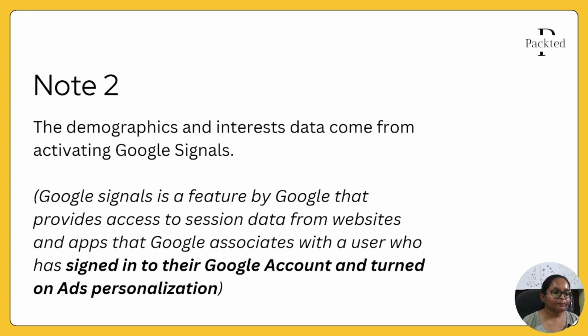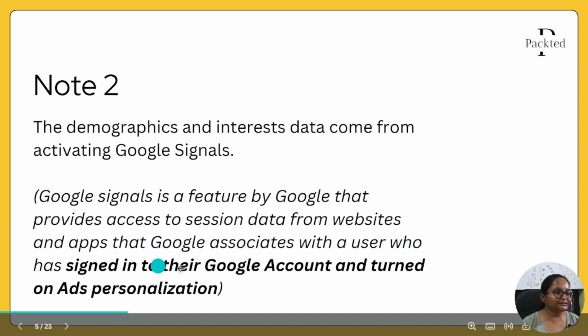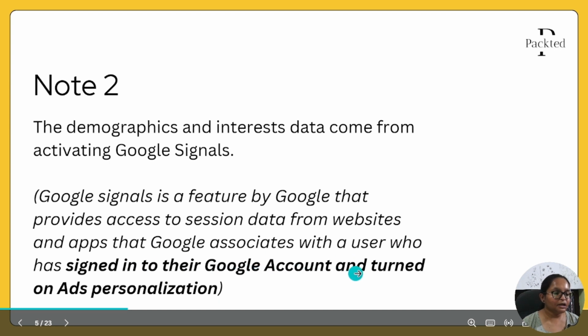this data. And for those who don't know what Google Signals is, Google Signals is a feature by Google that provides access to session data from websites and apps that Google associates with the user who has signed in to their Google account and turned on ads personalization.